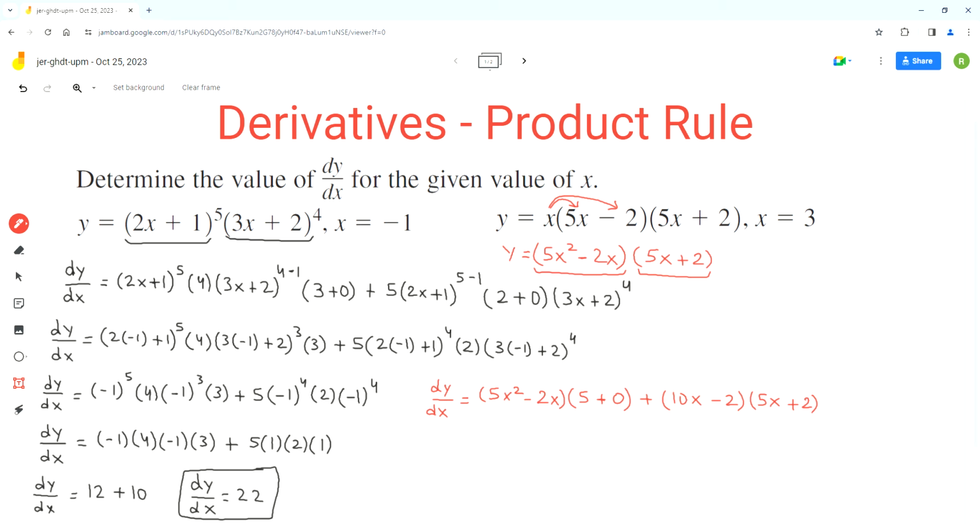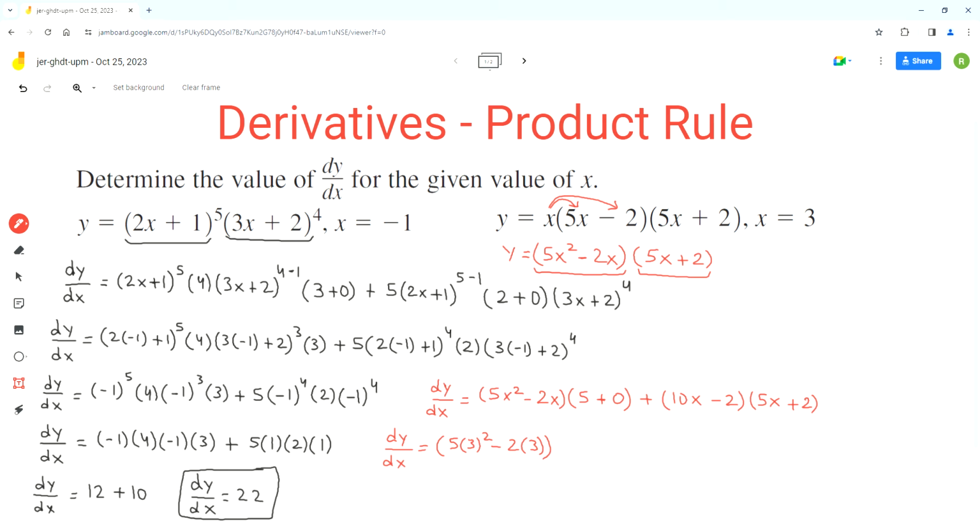Now we can sub in x as 3 because we can find the value of dy over dx from this expression. So we get dy over dx equals, parentheses, 5 times 3 squared minus 2 times 3.